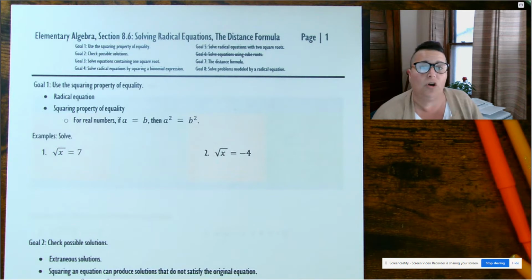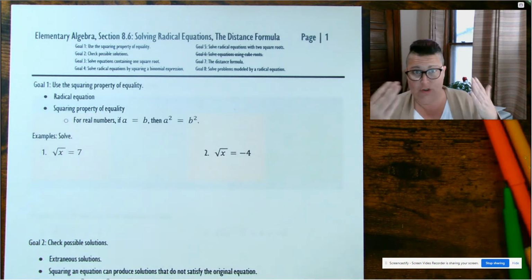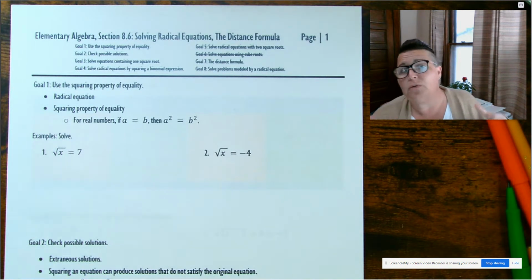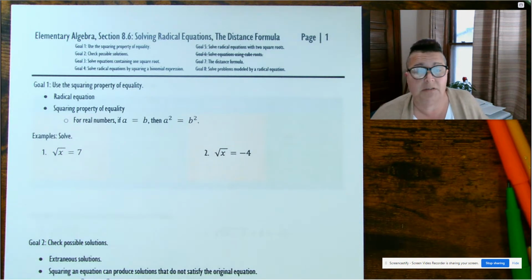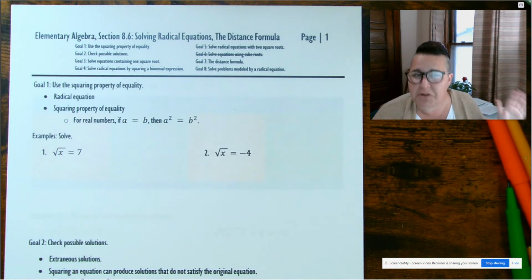We're specifically zeroing in on square root equations today, and then the squaring property of equality, which basically says if two numbers are equal, you can square both of them and maintain the equality. So no matter what you got on the left side and no matter what you got on the right side, if you square both of them, they have to be equal. If they're equal, and you square both of them, they're still equal.